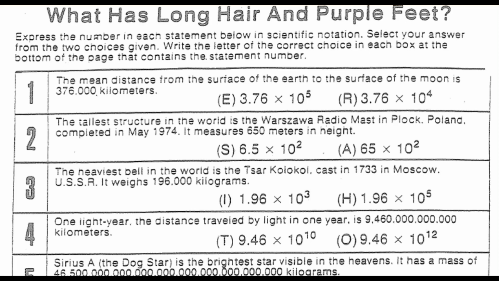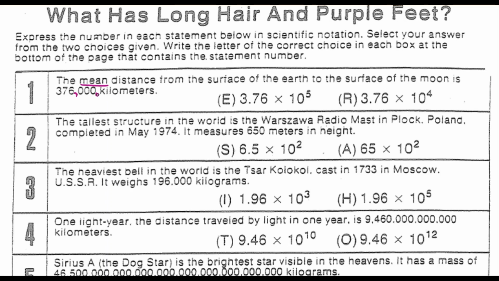So we'll do the first one. The mean or average distance from the surface of the Earth to the surface of the moon is 376,000 kilometers. Now that's a big number, right? We've got to figure out how big it is. The decimal's here. This is a comma.